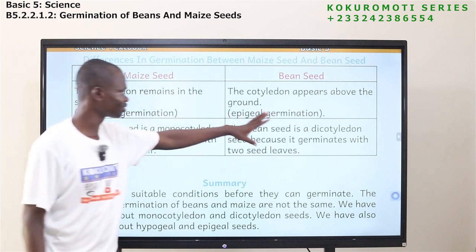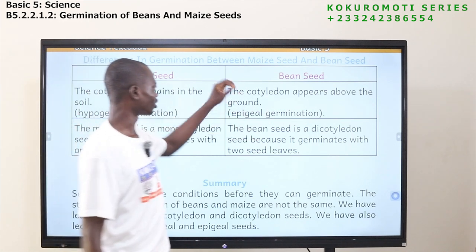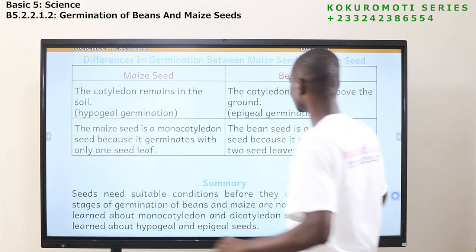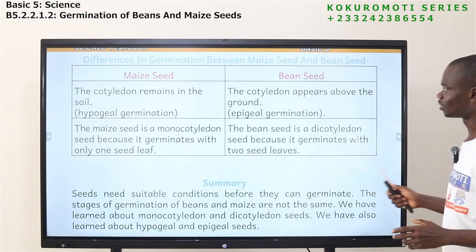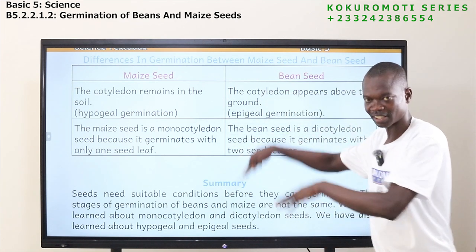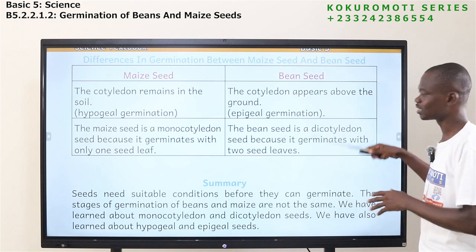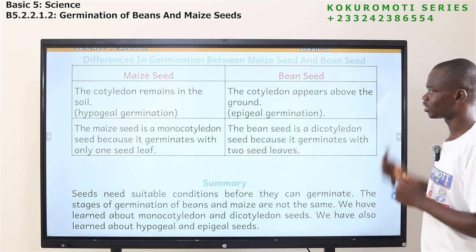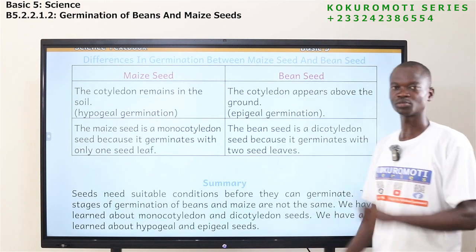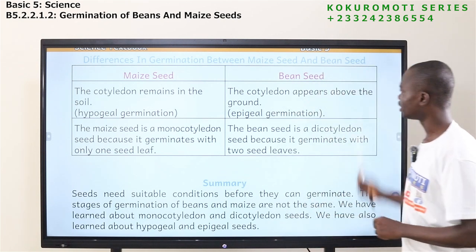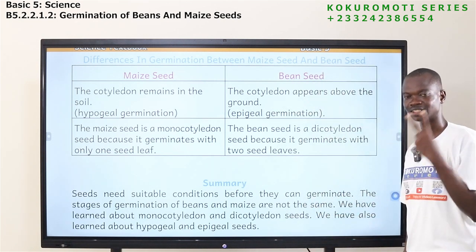But with beans, the cotyledon appears above the soil. The maize cotyledon remains in the soil, but the bean cotyledon appears above the ground. Maize germinates with only one seed leaf. Beans germinate with two seed leaves.